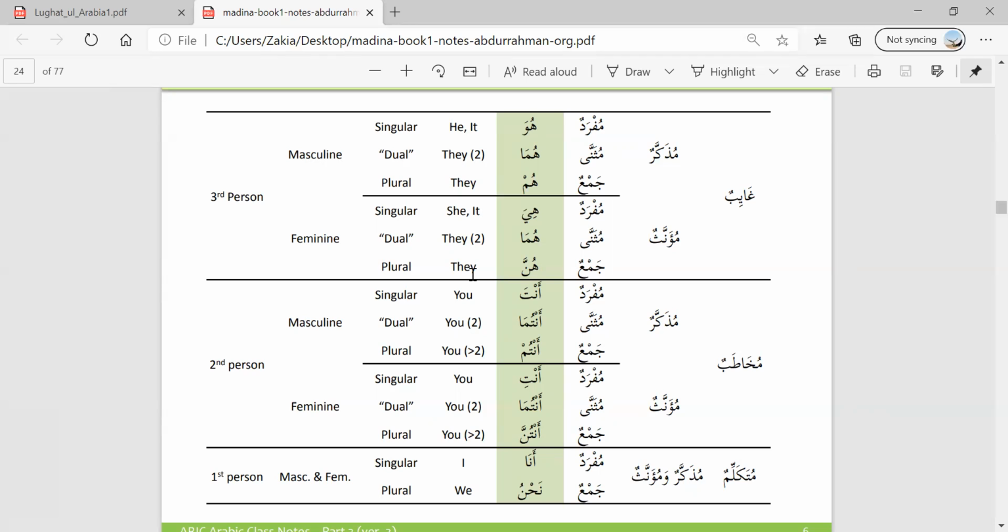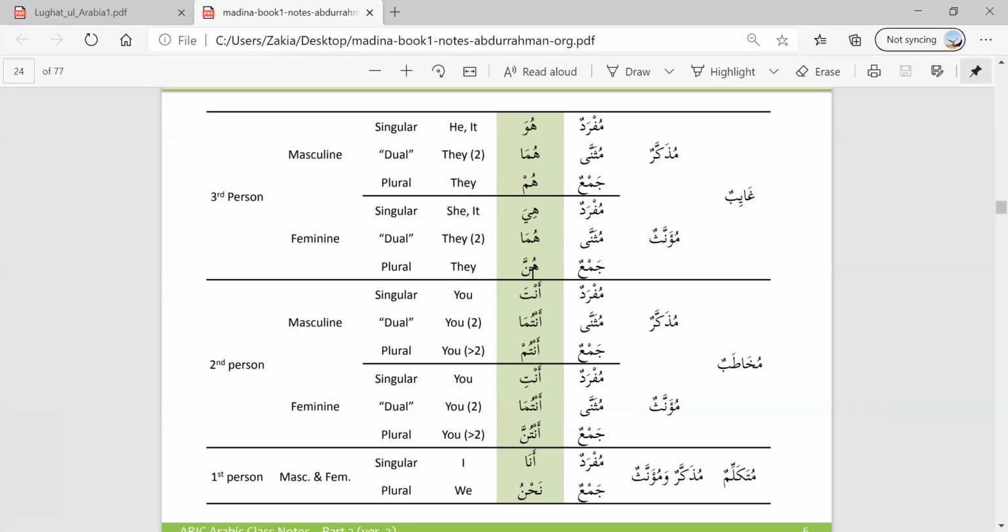But I wouldn't translate it as they, maybe more like them two, or them. Them two and them would be a more appropriate translation in English, but this is just what you read and what you're comfortable with.